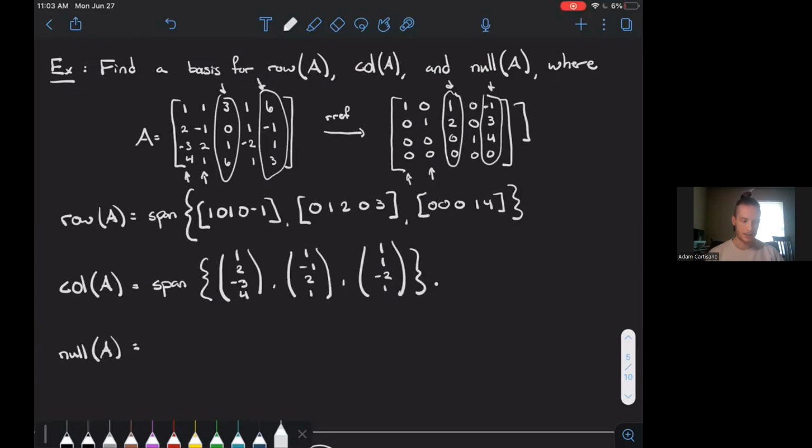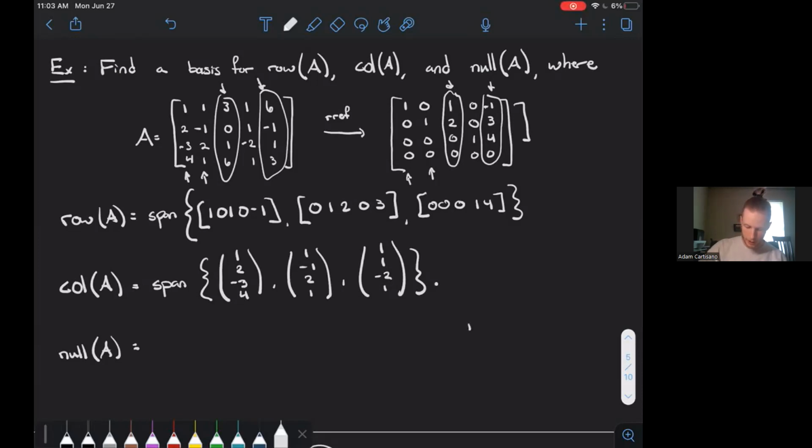We view the reduced row echelon form matrix as the system of linear equations that pops out after doing Gauss-Jordan elimination.